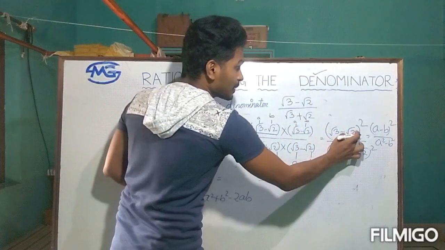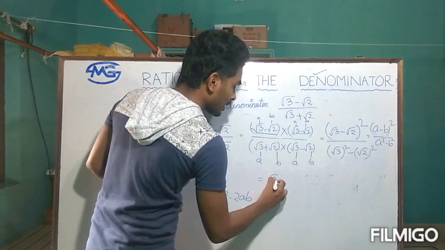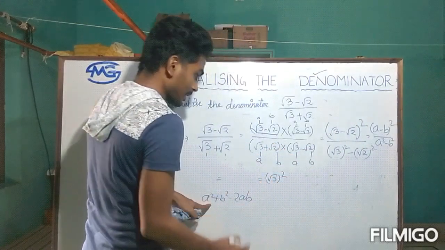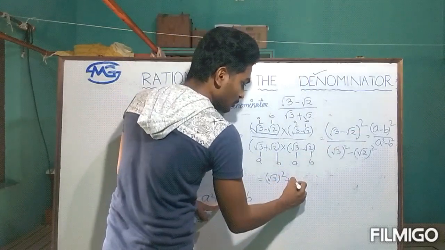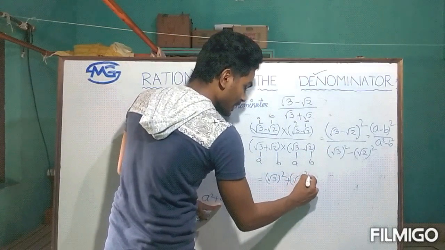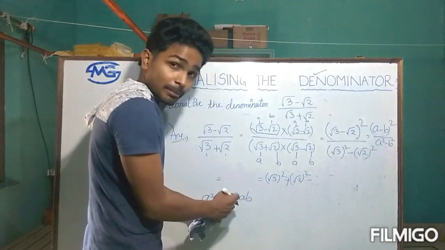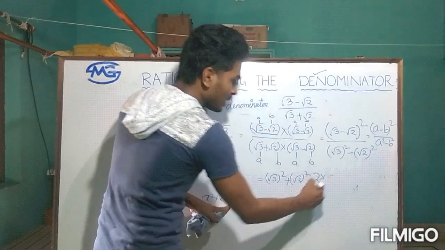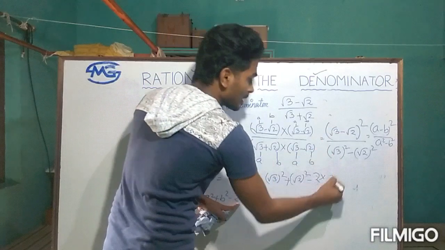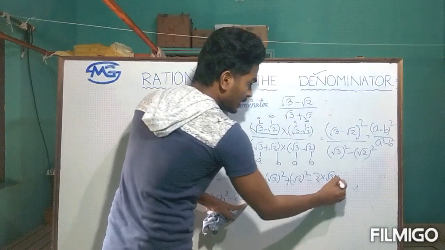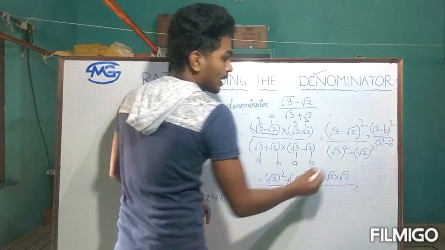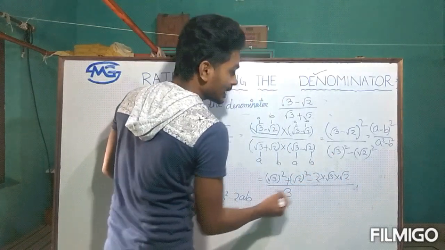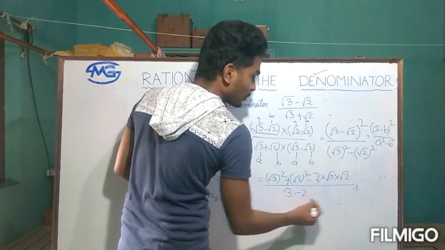So A minus B whole square is A square, plus B square, where B means root 2, then minus 2 into A, which is root 3, into B, which is root 2, divided by root 3 square, which is 3, minus root 2 square, which is 2.